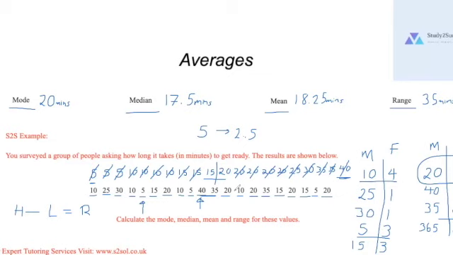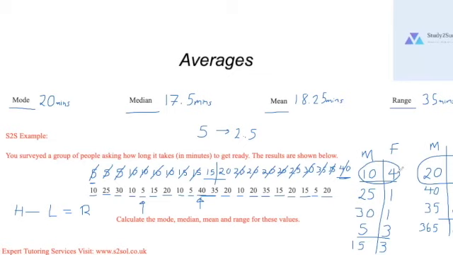Okay. The mode, in comparison, takes into account how many people give a particular amount of time for this question. However, it doesn't let us know any other part of the data. So as we can see here, the mode for this data set was 20, as 5 people said it took them 20 minutes. However, the mode doesn't take into account that 4 people, which is only 1 less, said it took them 10 minutes.